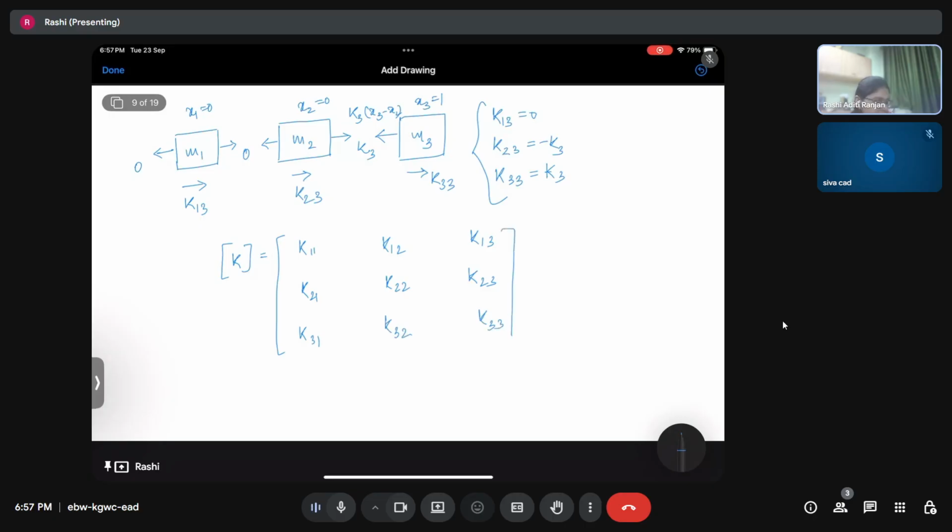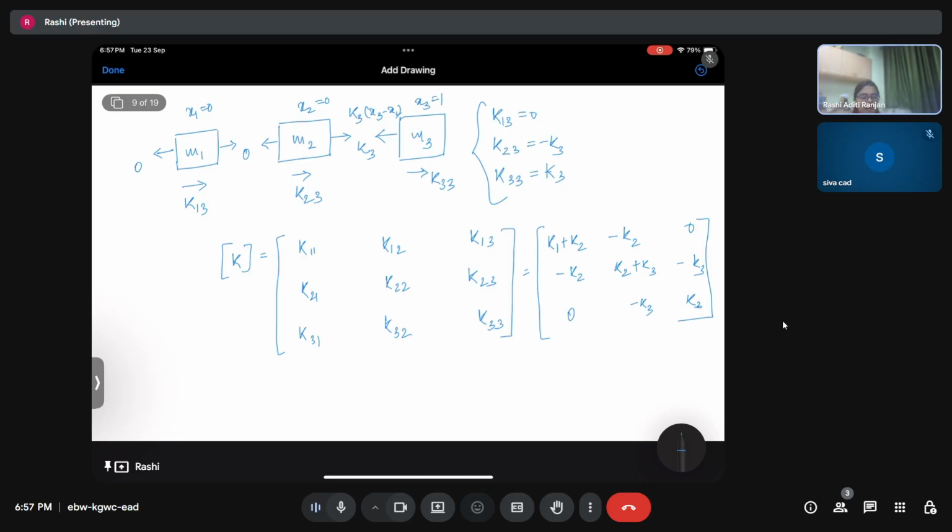Anyways, doesn't matter whether you write 2 1 over here or 1 2 over here, because as you know, the stiffness matrix is nothing but a symmetric matrix. We are going to get K1 plus K2, minus K2, 0, minus K2, K2 plus K3, minus K3, 0, minus K3, K3. Okay, I hope this is clear.